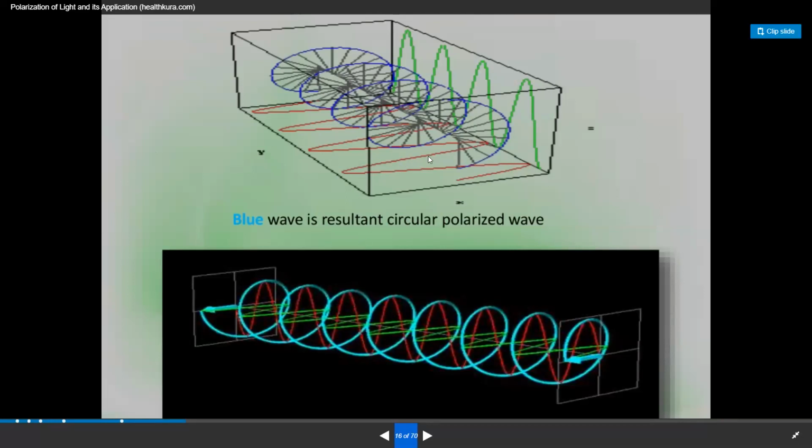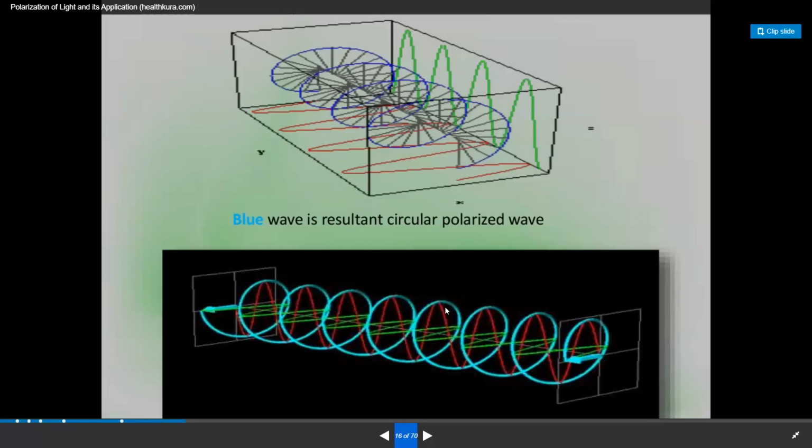Here also a clear image is there. You observe that green and red are perpendicular, and by their superimposition, circular polarized light is formed, indicated in blue.